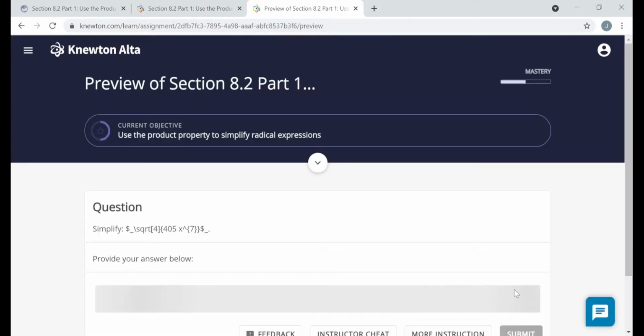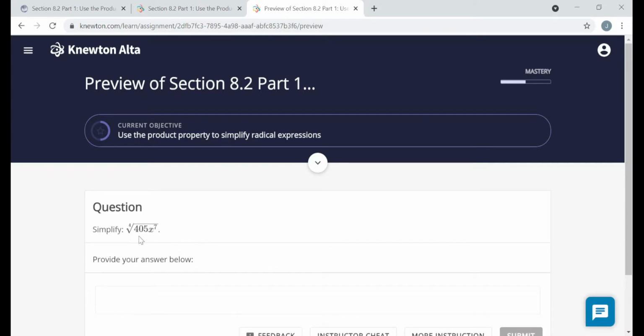Just got to pay attention to if you have a square root or a cube root or a fourth root. And again, here it's a fourth root. So when I do my factoring, I'm going to look for powers that are multiples of 4. Any powers higher than 4 tells me I can pull out a perfect fourth power.